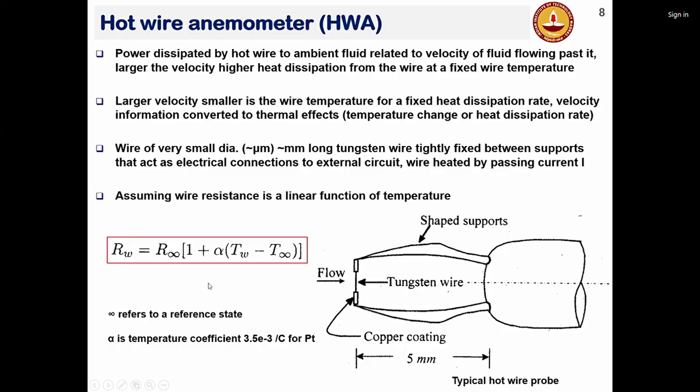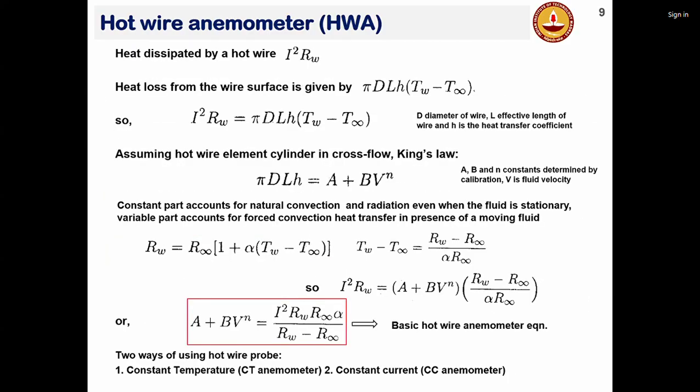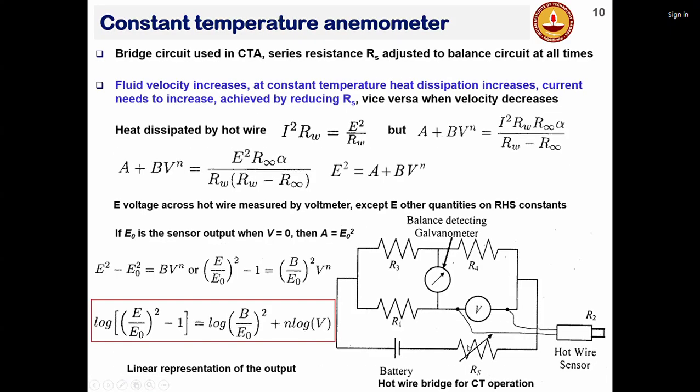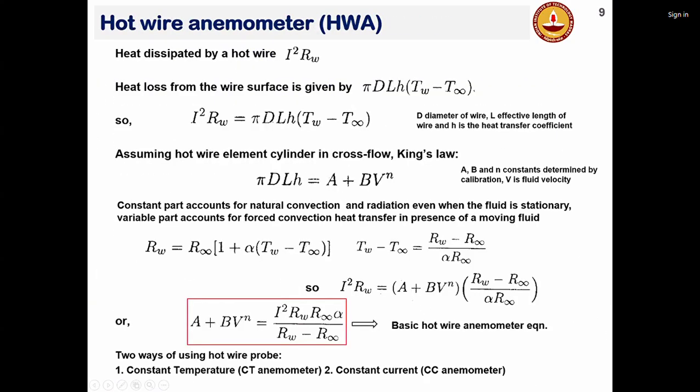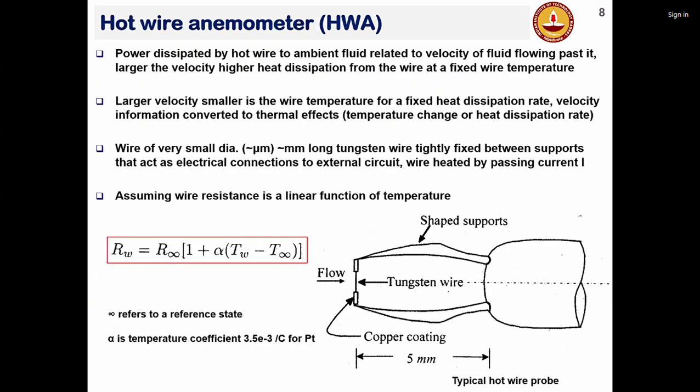The consequence is that in a constant temperature anemometer, you have to flip the direction in which you change the shunt resistance. Similarly, in a constant current anemometer, the variable resistance has to be reversed to ensure that the current flowing through the hot wire probe is the same. But you can do both: both hot fluid and cold fluid velocity measurement can be done using a hot wire.